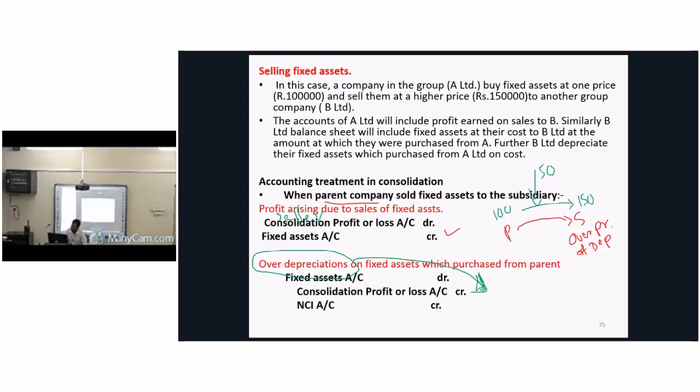Fixed asset account, accumulated depreciation. Debit fixed asset account to accumulated depreciation account, and credit to the buying company, the buyer's retained earnings. This is the general entry, you can remember.